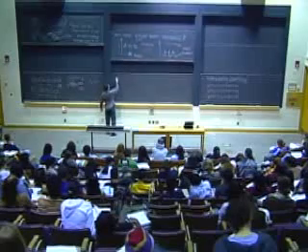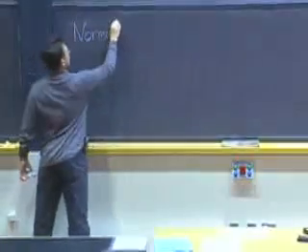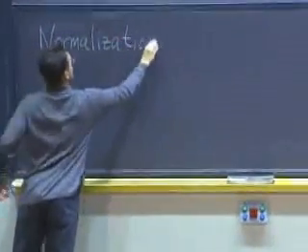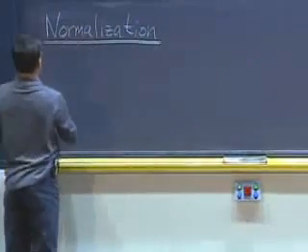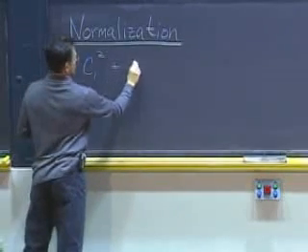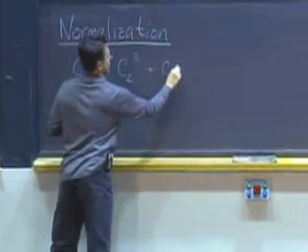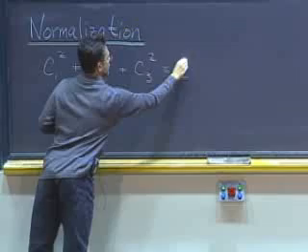We're going to be able to use the normalization condition which tells us that C1 squared plus C2 squared plus C3 squared is equal to 1.